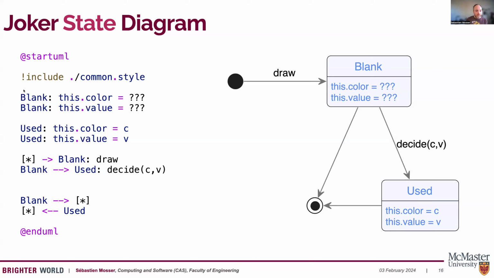And then I'm saying that there's a state named blank, and in that state, this.color is I don't know, and this.value is I don't know. And I have another state which is used. This.color is C, and this.value is V. And then my entry point, this is bracket star bracket, goes to blank when I call draw. Blank goes to used when I call decide. Blank can go to the end, and used can go to the end.